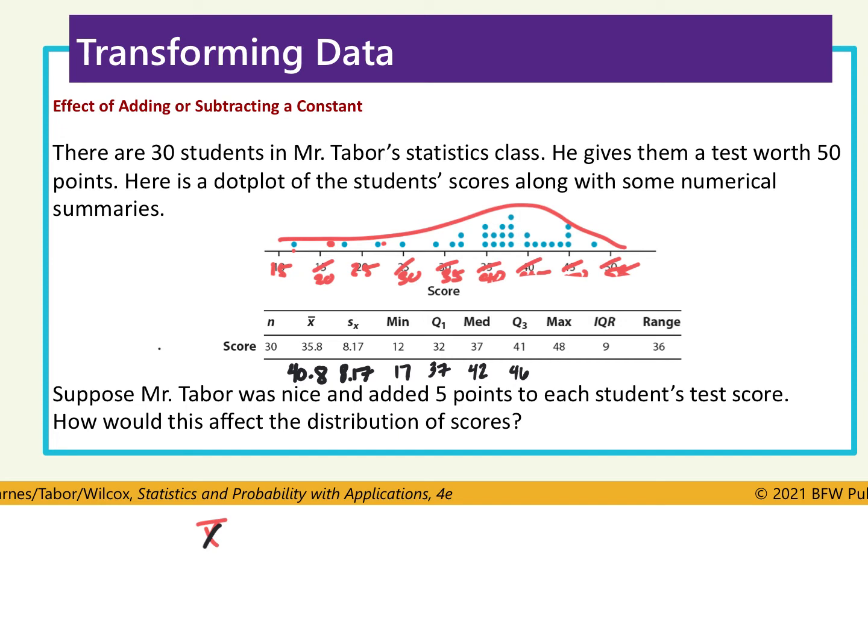The max becomes 53. Notice the IQR, 46 minus 37 is still 9, right? And my range, 53 minus 17, is still 36.